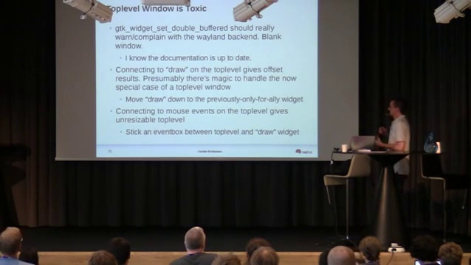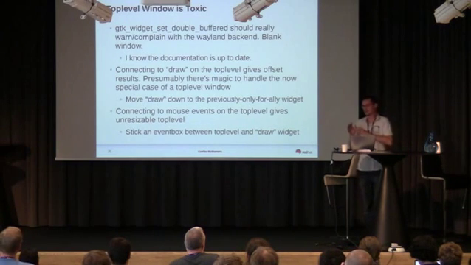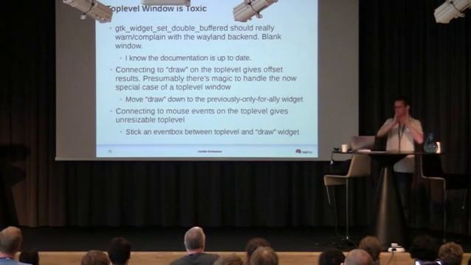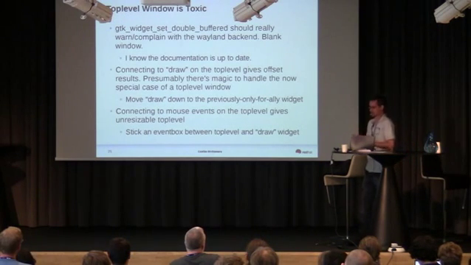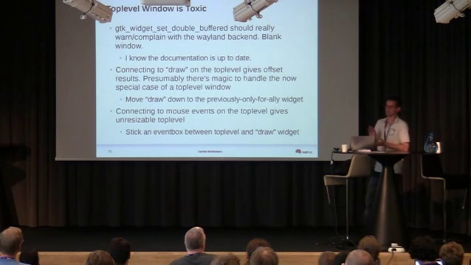You get some content, but it's all offset up to the corner a small amount. What we were doing there is we just have a top level GTK window, and they were claiming that we're going to draw to it, we're going to handle all the things about it, and don't you worry about GTK. So that's fine.